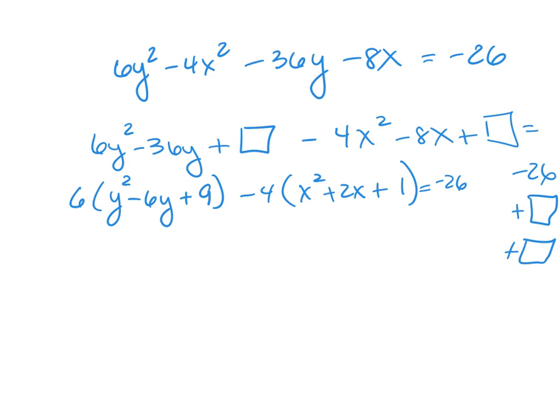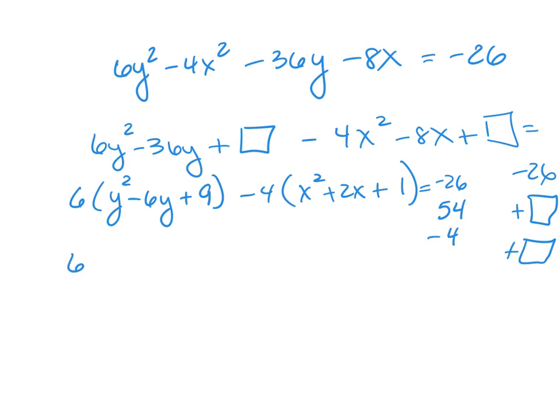And then what did I really add to the first parentheses? 9? No, I added 54, 6 times 9. And what did I add to the second parenthesis? Very good. How'd you get the 4?